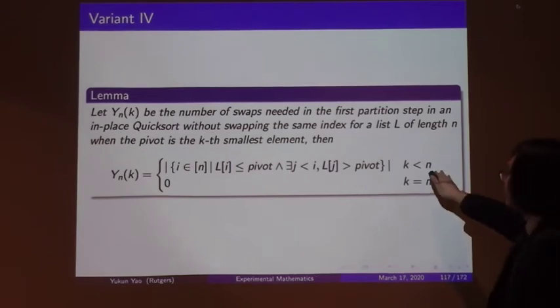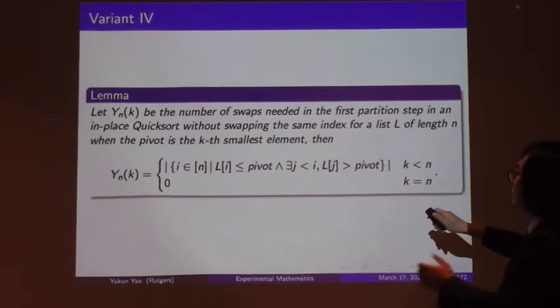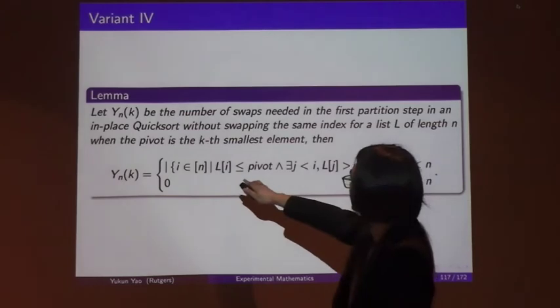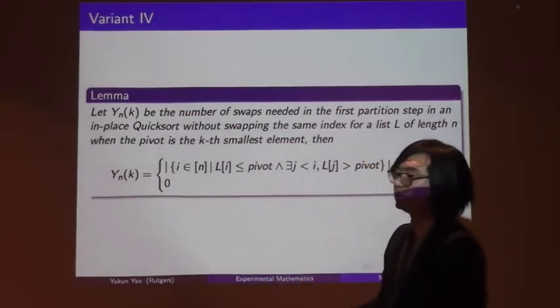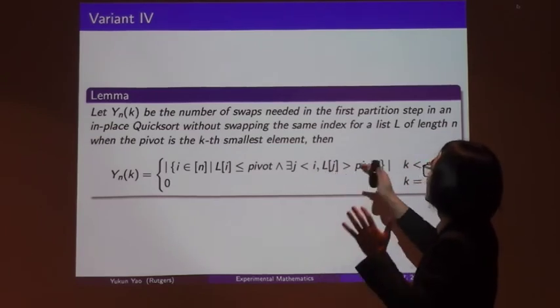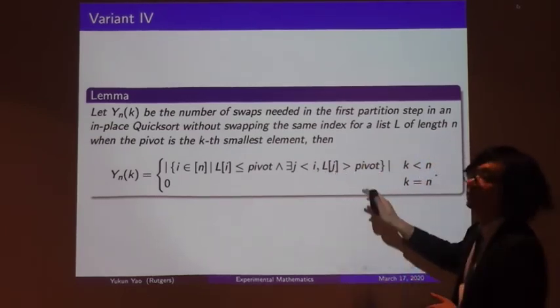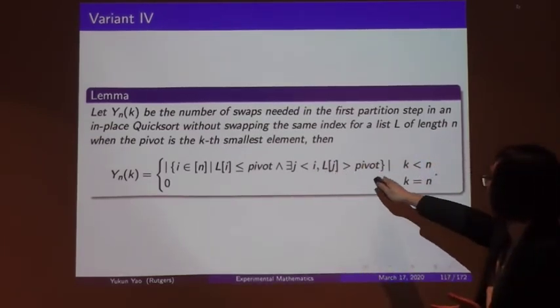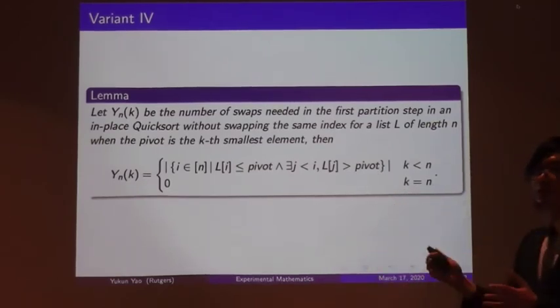When k is less than n, then a swap occurs, of course, only when the element is less than the pivot. But we also require that before i, there is already some element which is greater than the pivot. Because of this, these two indexes will be different. Otherwise, the two pointers will be the same.